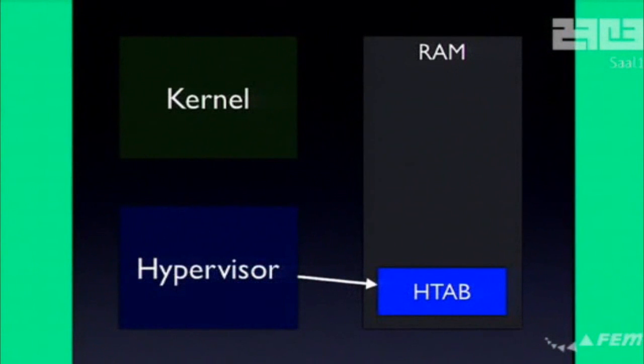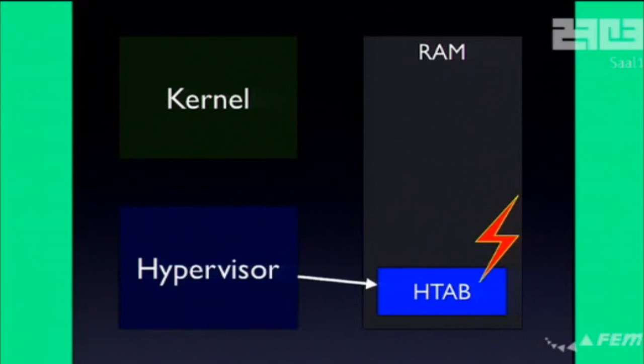So the way this works usually is you have a hypervisor and you have a kernel on the same chunk of memory, but the hypervisor controls the page tables to control memory access permissions for the kernel. So when you allocate some memory from the kernel, the hypervisor gives you a mapping to that memory so that you can access it. And when you remove that chunk of memory, it deletes that mapping and you cannot access it anymore.